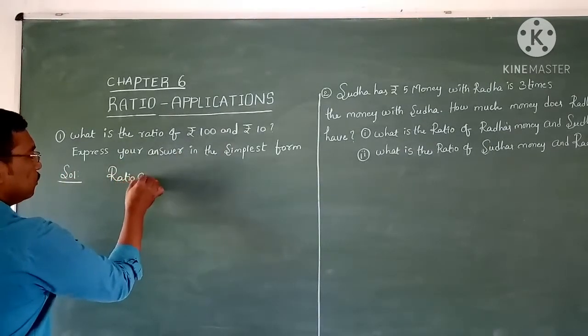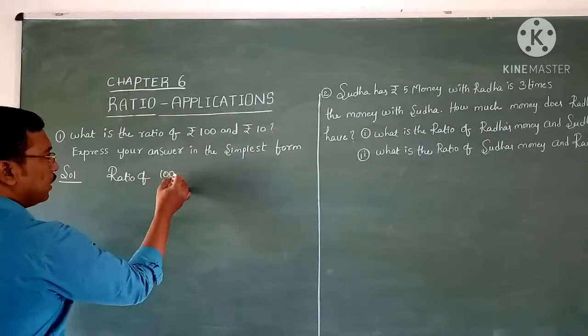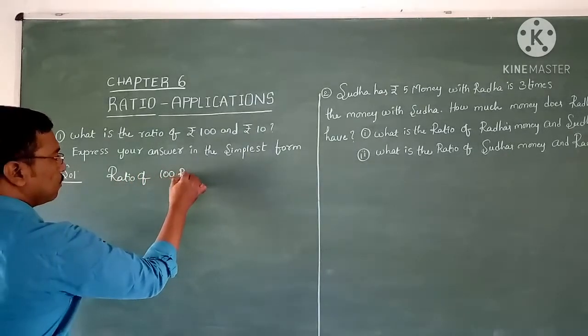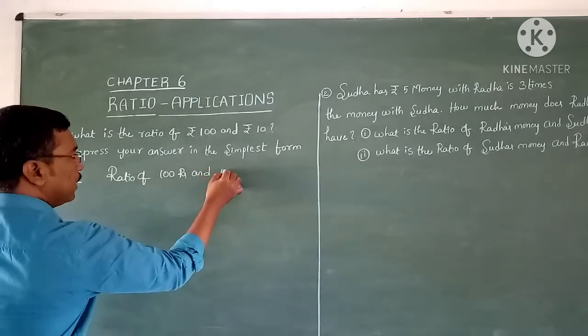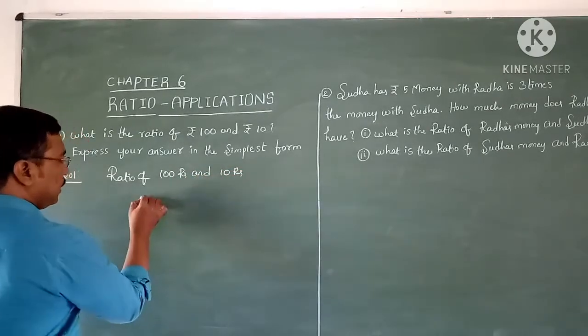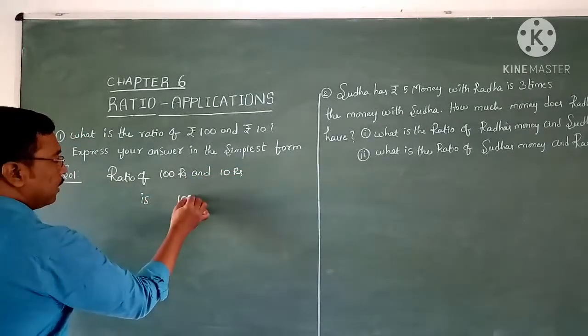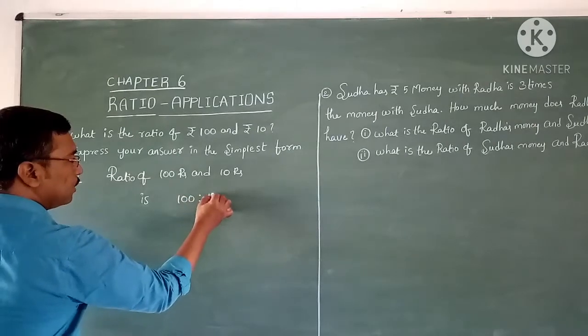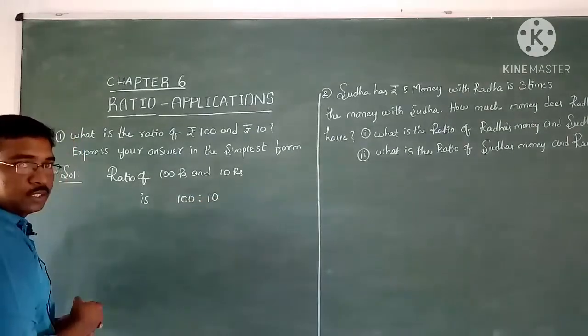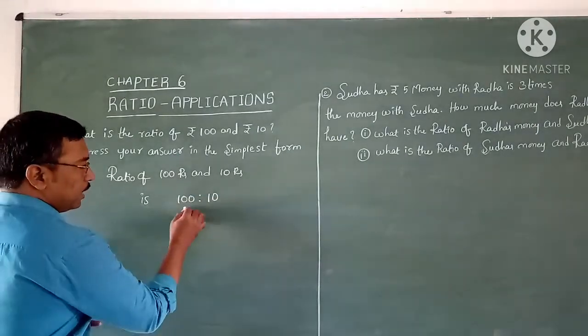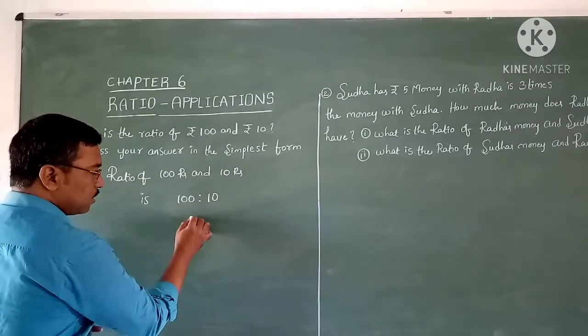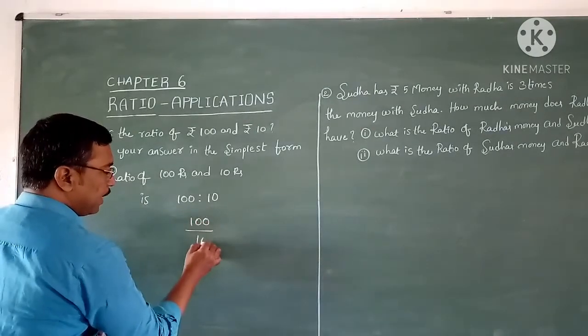Ratio of 100 rupees and 10 rupees is 100 is to 10. This is read as "is to". 100 is to 10 can be written in the fractional form as 100 by 10.